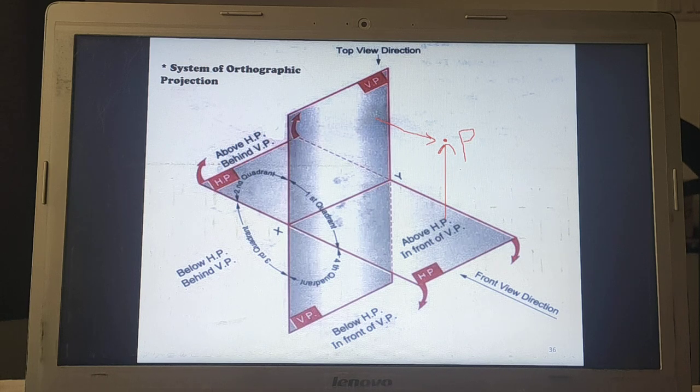So point P is X mm above HP and Y mm in front of VP. Similarly, if that point is over here, then point P is behind the VP and above the HP. Similarly, if the point is over here, the point is below the HP and behind VP. Then if it is in the fourth quadrant, point P is below the HP and in front of VP. So this is how we can define the position of an individual point.